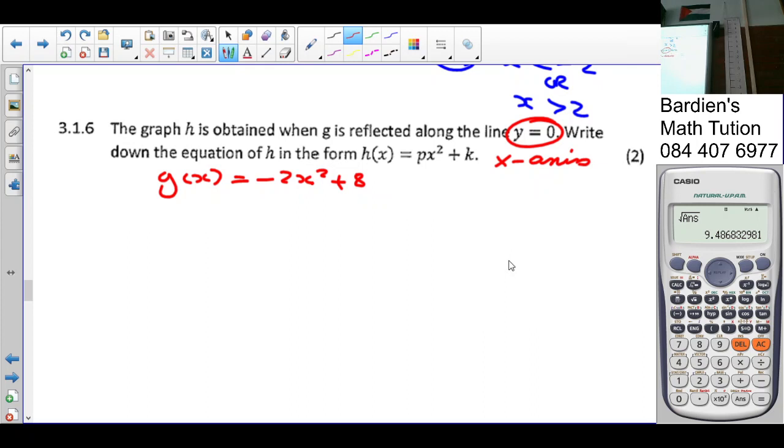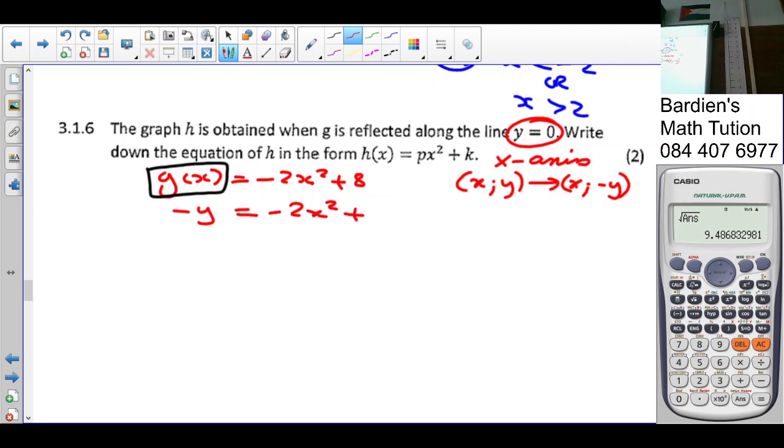Write down the equation of h in that form. So what's the rule if something is reflected in the x-axis? Y becomes negative. Okay? So where's your y here? G of x is your y. So that becomes negative y is equal to negative 2x squared plus 8. Now what?